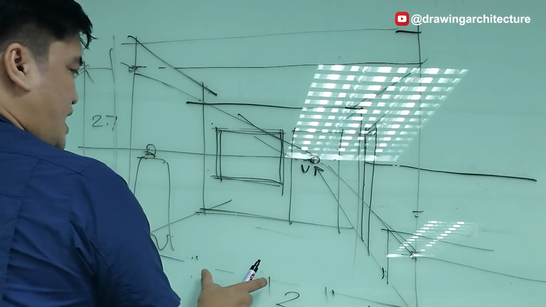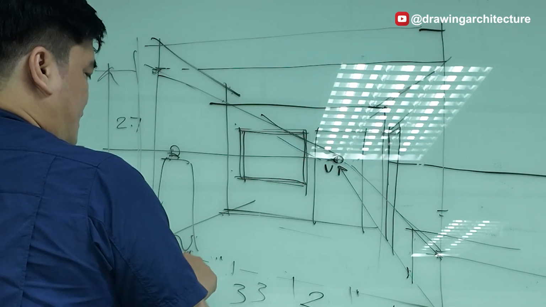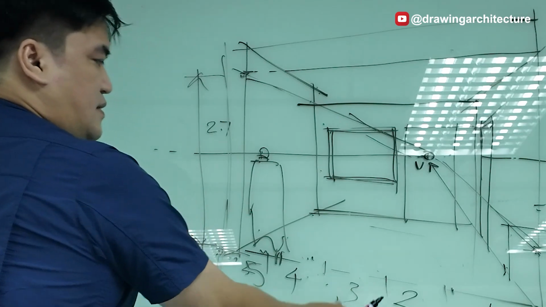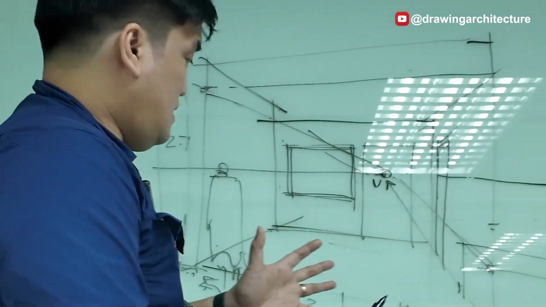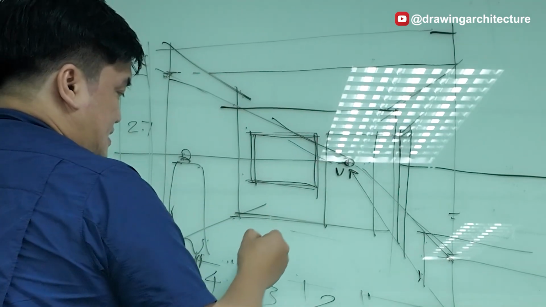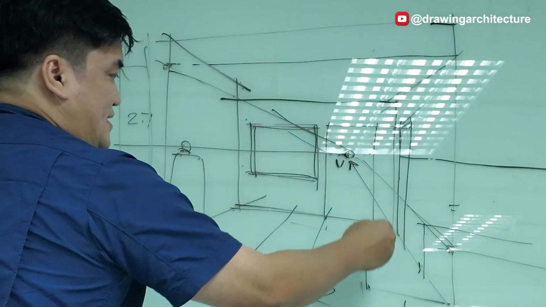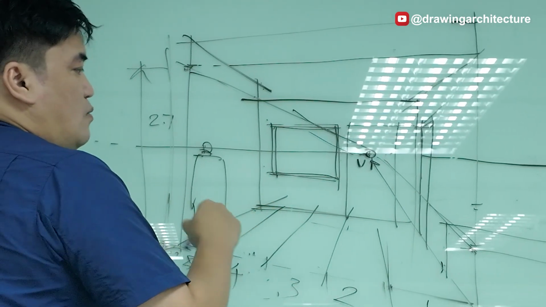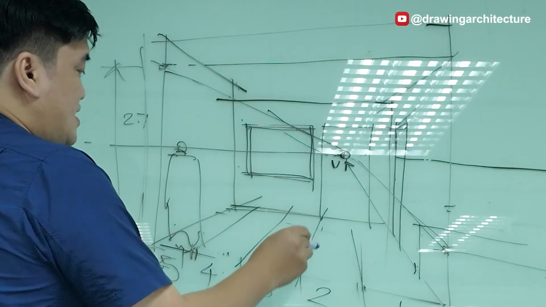It gets smaller, tiny a bit. 3, 4, and then 5. Right? Something like this. So, we have these grids as a form of measurement in perspective. All the time, we're going to operate this with this. No? The 5th meter is somewhere there.